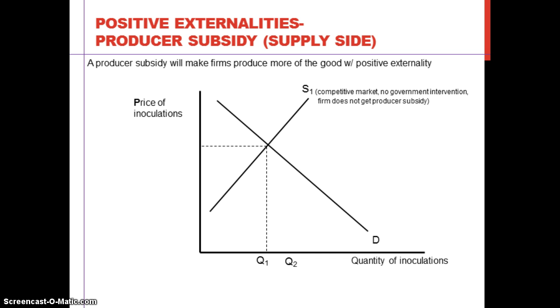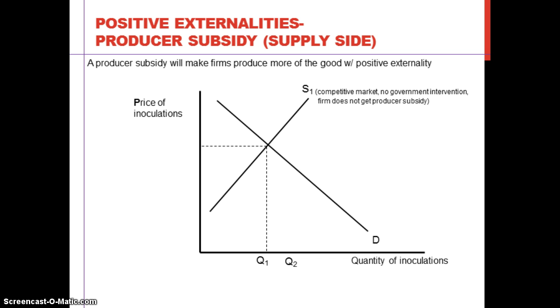So how can the government correct such underproduction of goods which have positive externalities? A typical government intervention is subsidy. So the government might subsidize the production of goods which have positive externalities.